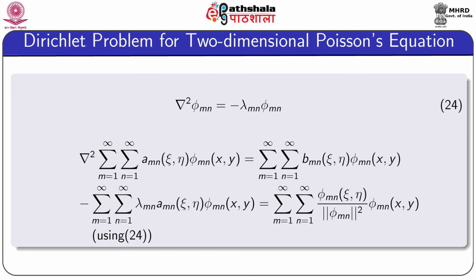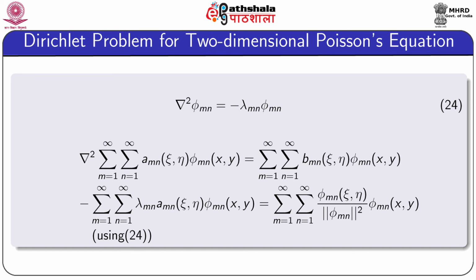So, we obtain Laplace square of the expression for capital G, and the right hand side is the expression for the Dirac delta function in two variables. Now, if we interchange the summation and the Laplacian operator, then this Laplacian operates on phi, and using 24, the Laplace square of phi mn is minus lambda mn phi mn. So, we substitute that value here.